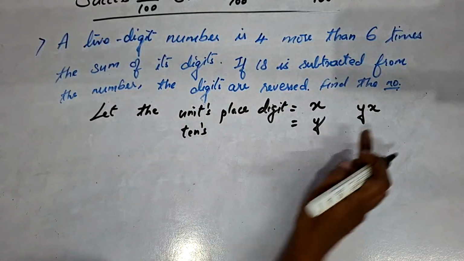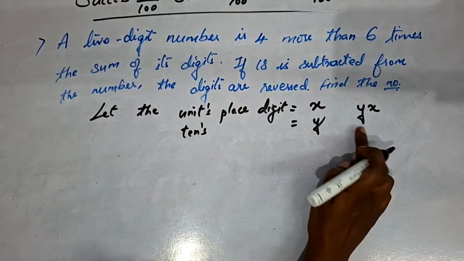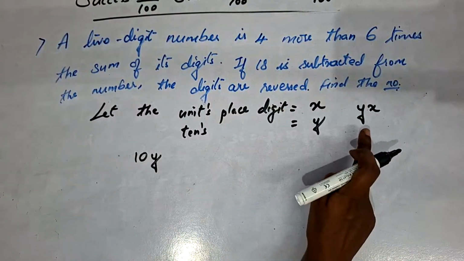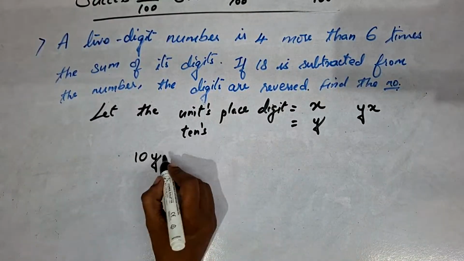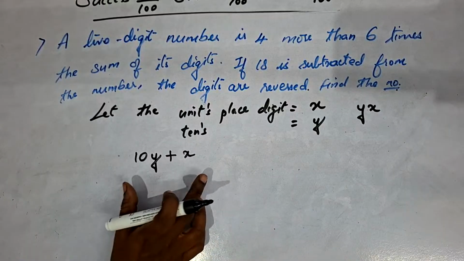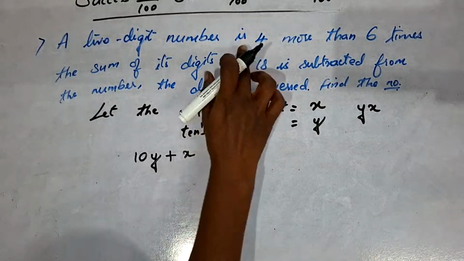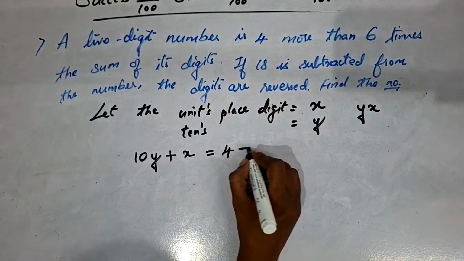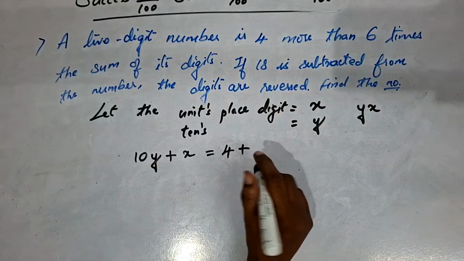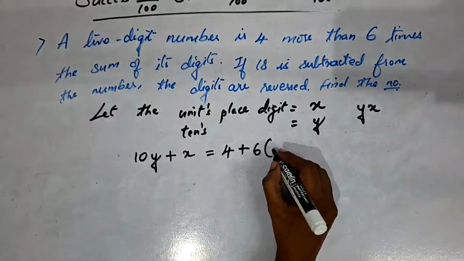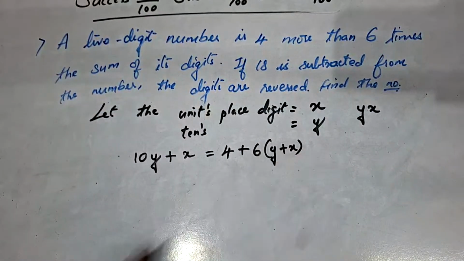When I say yx, the tens place digit should be multiplied with 10, plus the units place digit x. So this is my two-digit number. It is equal to 4 more than, more in the sense again plus, 6 times the sum of the digits. The sum of the digits is y plus x.